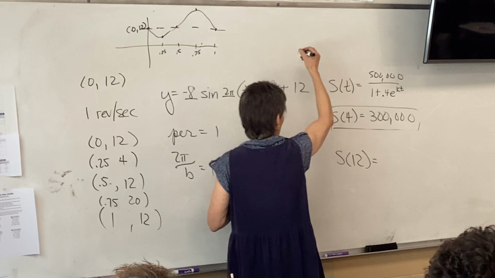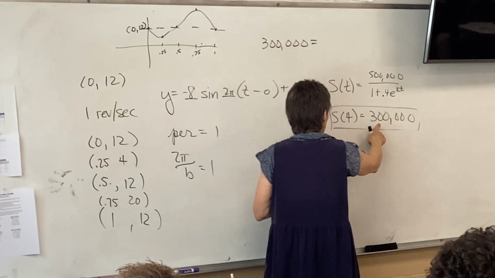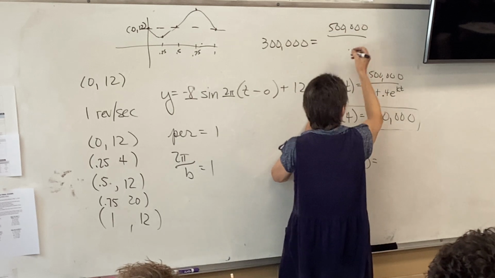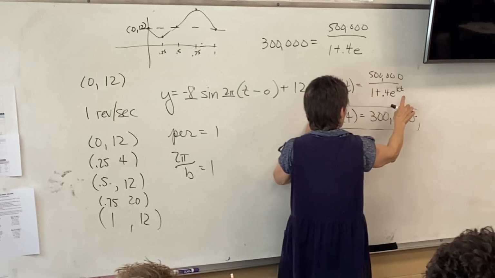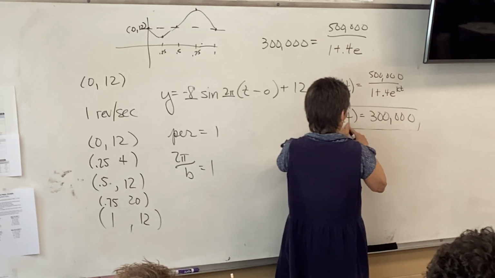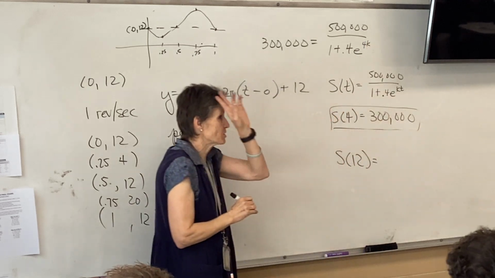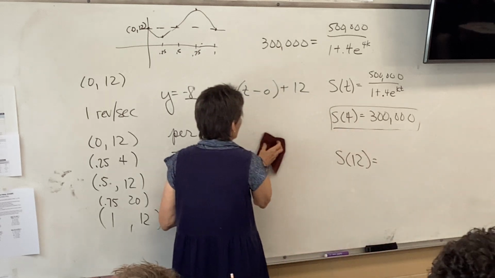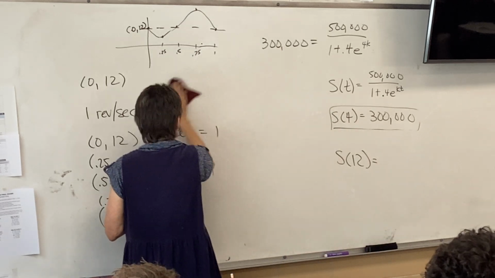So I'll say 300,000 equals 500,000 over 1 plus 0.4 e to the negative K t. Now, t is 4, so that's going to be 4K. Does that make sense to you? Now I'm going to solve that equation. We have a calculator.